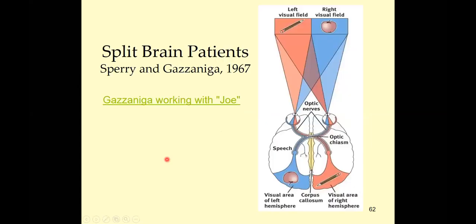Now, back in the late 1950s, they found out that people that had severe epilepsy, had severe seizures, could sometimes be relieved of those seizures by severing this connection, this corpus callosum. And so they began to study these split brain patients.